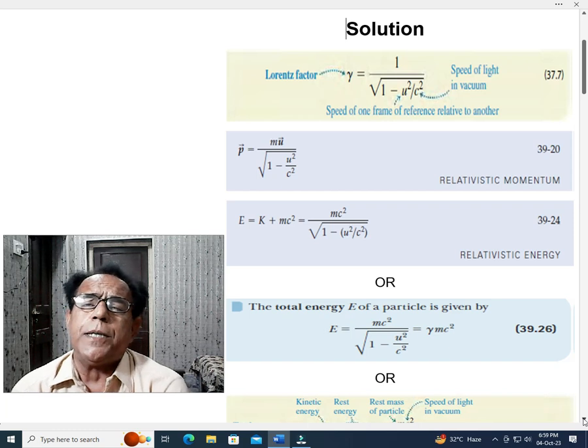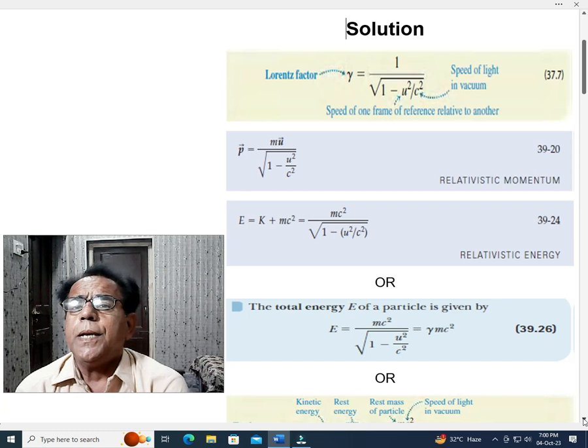Second snapshot, momentum P is equal to mu over under root 1 minus u² over c². Okay. Dear students, here momentum is also a vector and velocity u is also a vector, but when u is taken in square, then it becomes scalar. Momentum P is equal to mu over under root 1 minus u² over c².